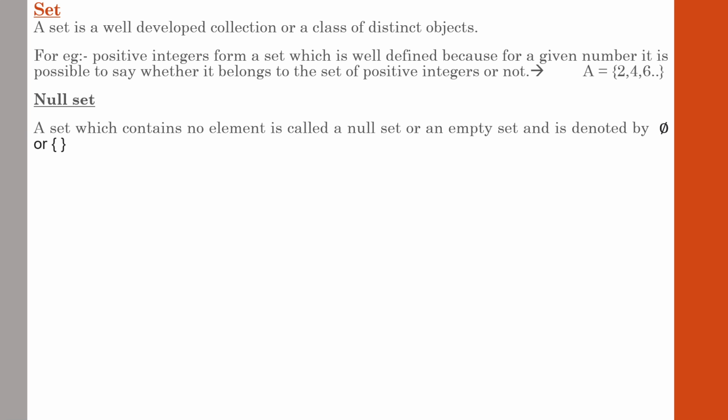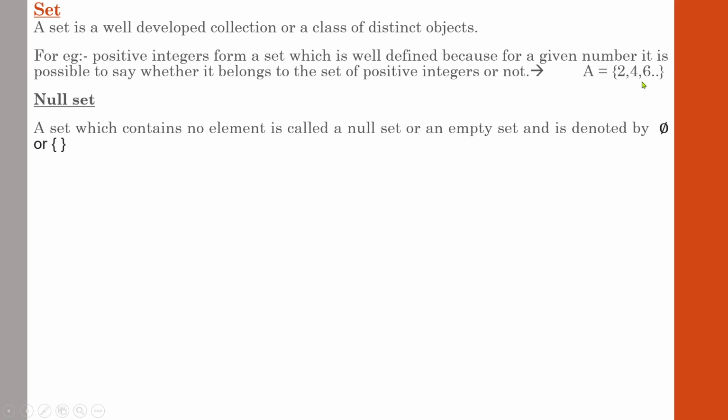So a set which contains no element is called a null set, and it is denoted by this sign, or sometimes it can be written as 0 with a slash. This represents a null set. We can also represent a null set by using only two curly brackets. Remember, previously I mentioned that usually a set is represented by a letter followed by an equal sign, and after that curly brackets.